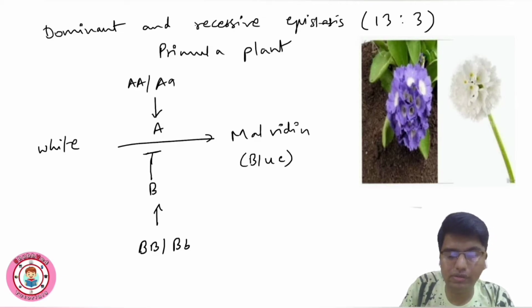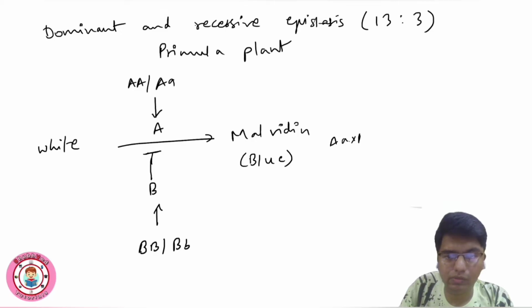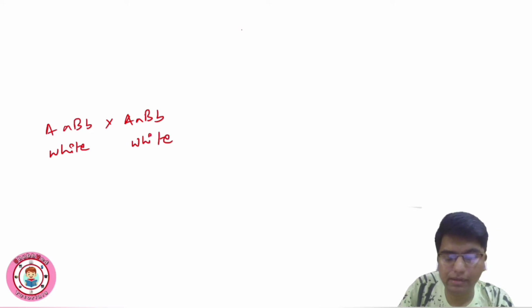So the ratios, it is better to draw on the next slide. These are white. And then what do we get? A dash B dash, A dash small b, small a B dash.